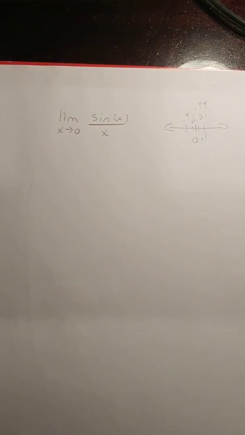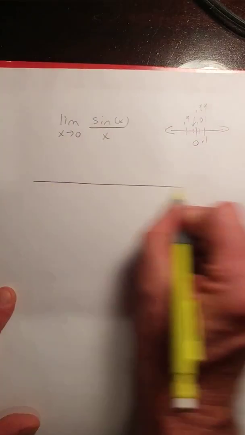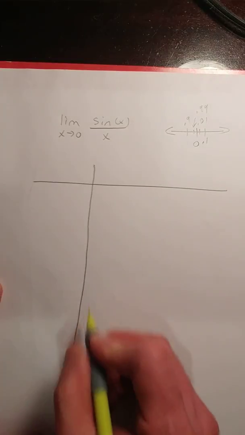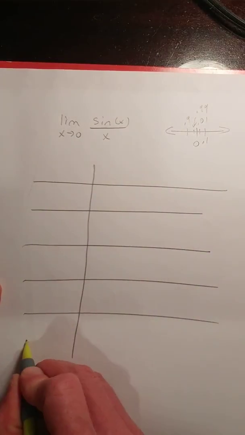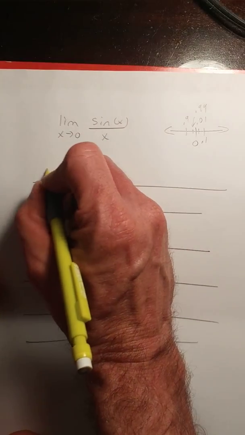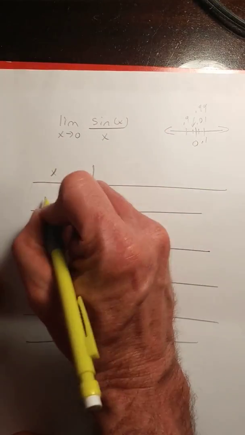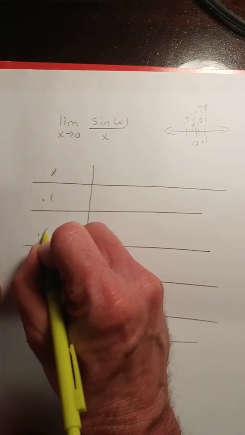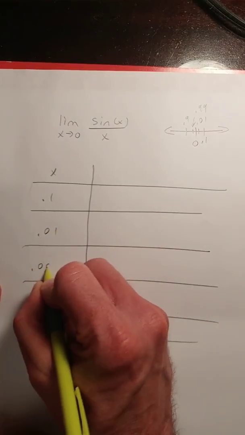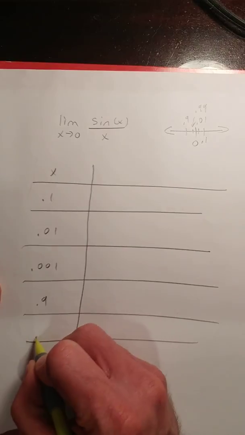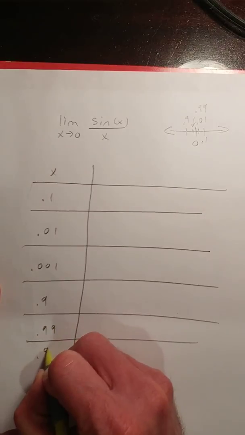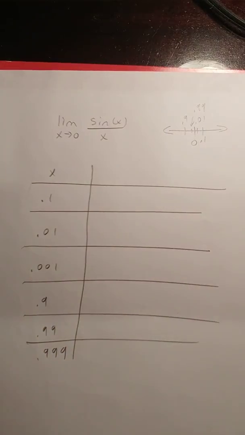The idea is you're picking values very close to 0 on both sides. Again, we'll do 0.1, 0.01, 0.001, and then on the other side, 0.9, 0.99, 0.999.